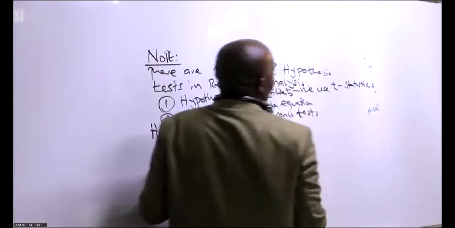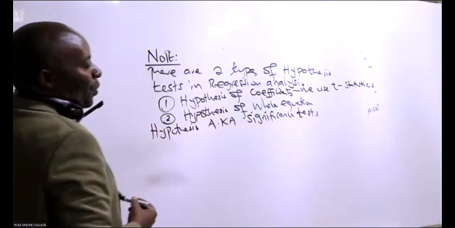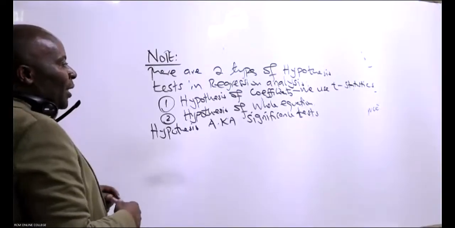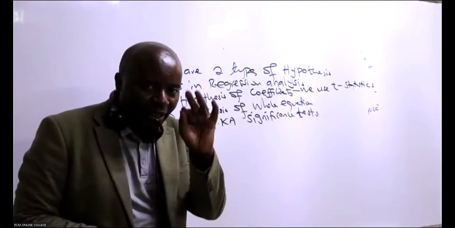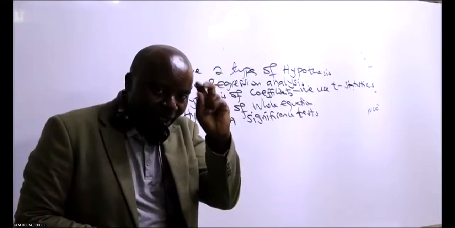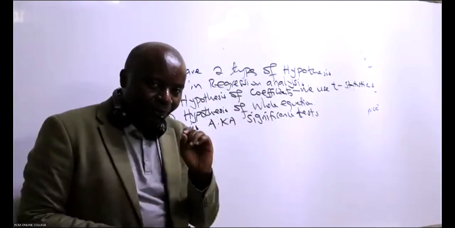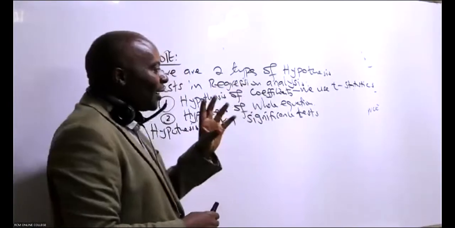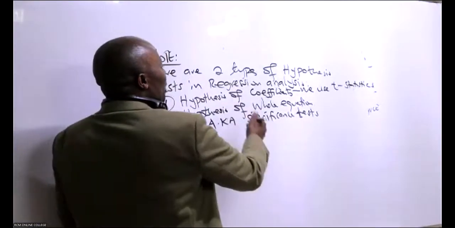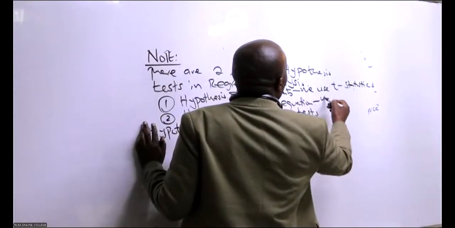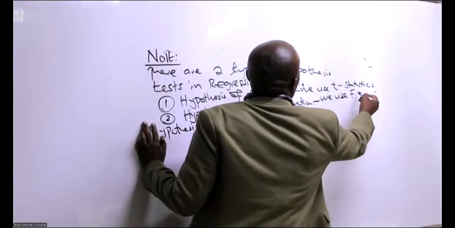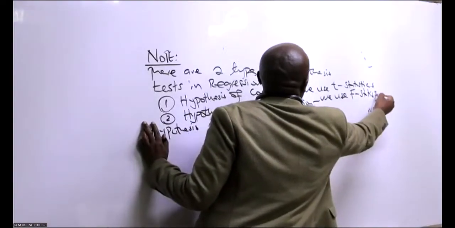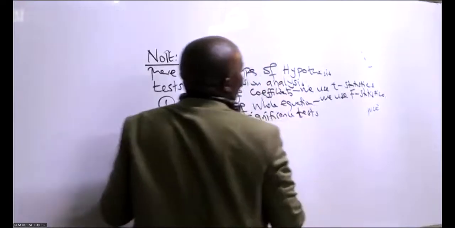And if you remember very well in our last class, we said the higher the t-statistic, the more significant a coefficient is. When it comes to hypothesis of the whole equation, we use F statistics.